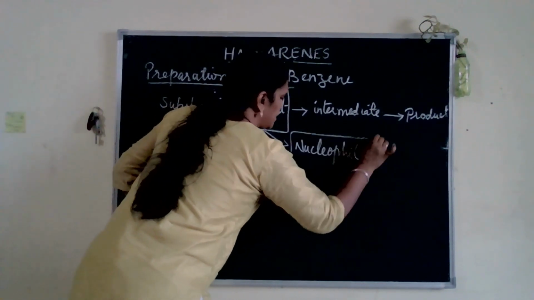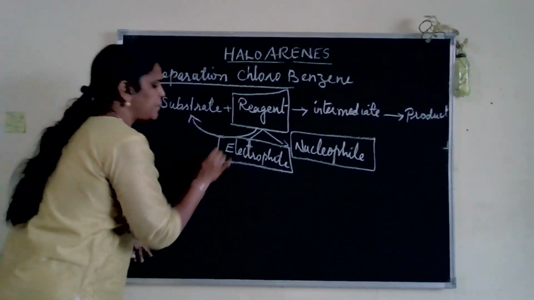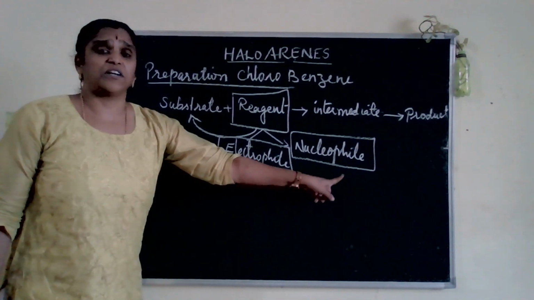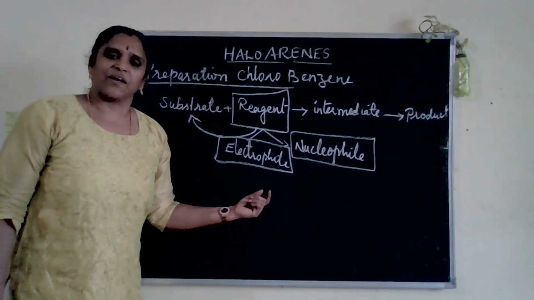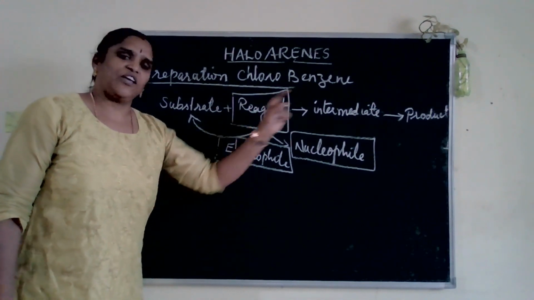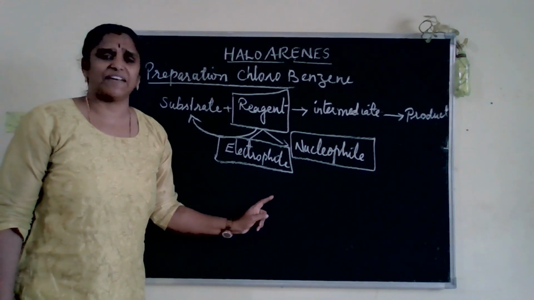These are the very important points I wanted to mention in this video. What is electrophile? What is nucleophile? Because this is the main fundamental idea you should know. Then only you can deal with all these equations and you will understand very easily.